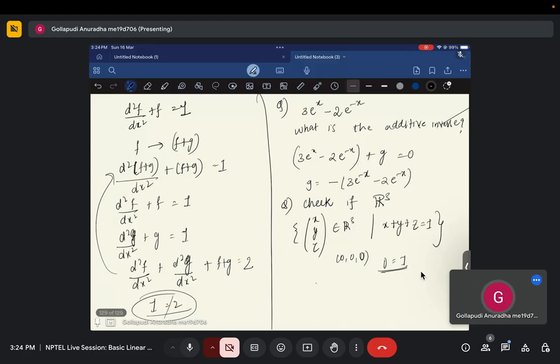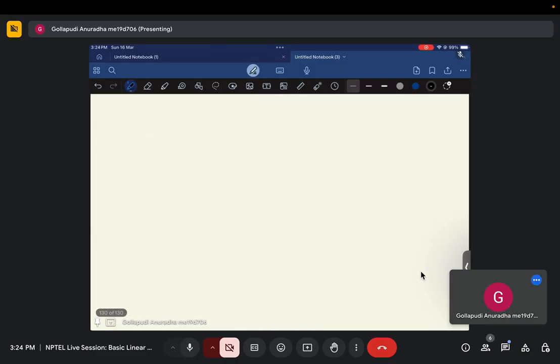So x1 can be written as 1 minus y1 minus z1, and x2 can be written as 1 minus y2 minus z2, and x1 plus x2 should be 1 minus y1 plus y2 minus z1 plus z2, but if you add these two, you'll be getting 2 minus y1 plus y2 minus z1 plus z2. So that's not the same, so it's not going to be a vector space. So similarly check.